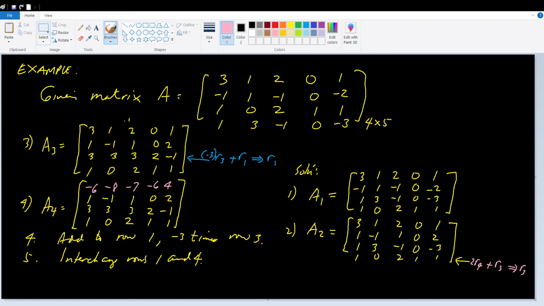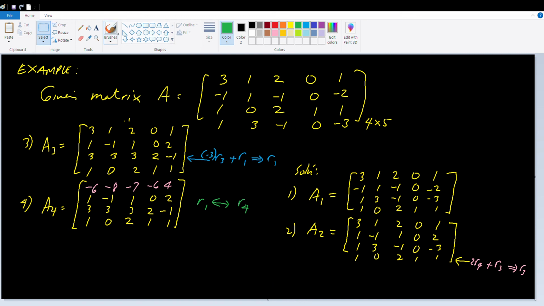And finally, we will interchange rows 1 and 4. And what do we get? So let us erase this part, and we will be getting another matrix and label it as A sub 5.